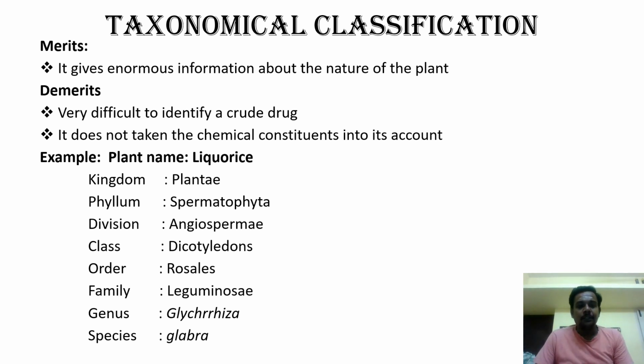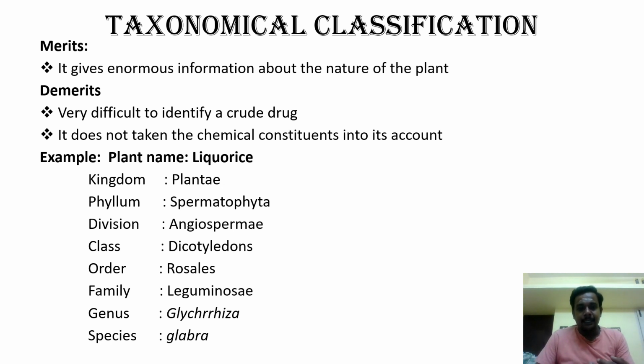Okay. Now order, Rosales. As the name indicates, here the plant bears flowers like a rose. Already we said in the division itself that it's an angiosperm plant, which means it bears flowers. This flower will look like a rose, so we kept it under Rosales order, and that is followed by family.